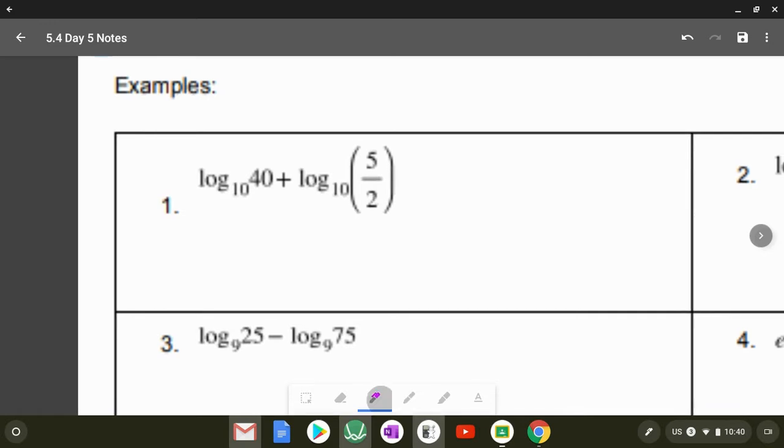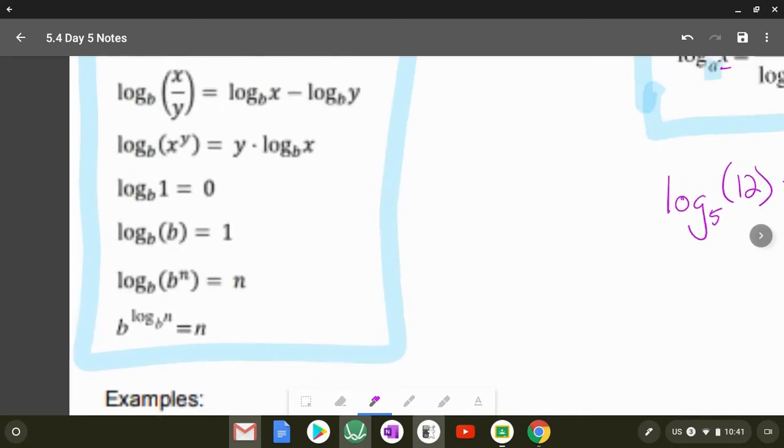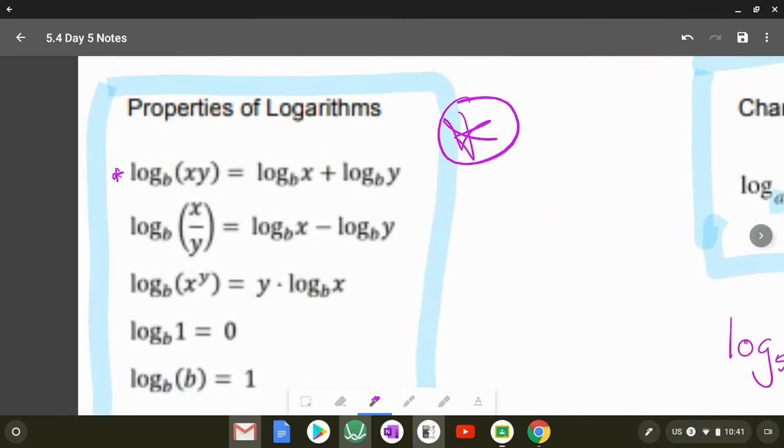So the way we do this is rather than work with them all separately, again, knowing your properties. If I'm adding 2 logs with the same base, you can add those 2 to a single log by multiplying the insides. So again, I'm not just taking this out of nowhere. If you look up top, that would be the first property right there.